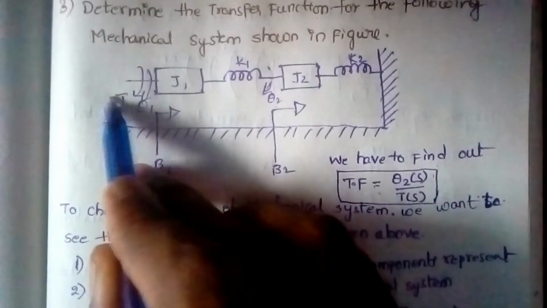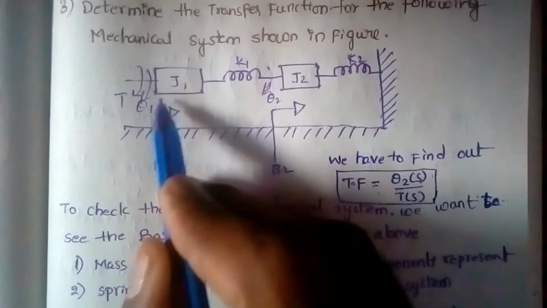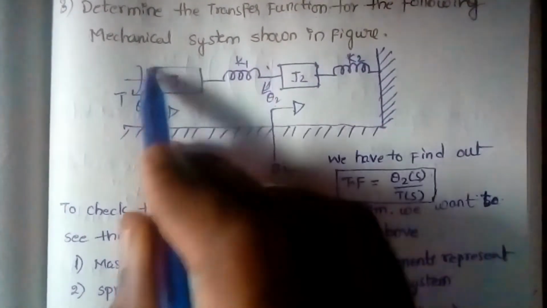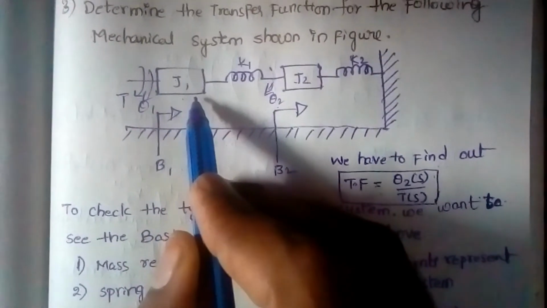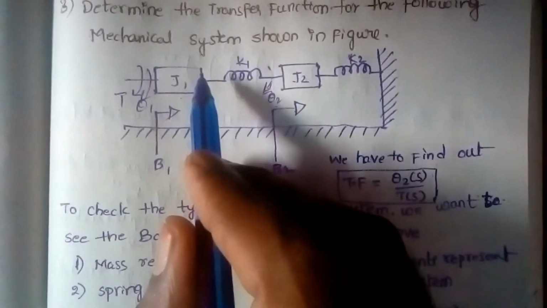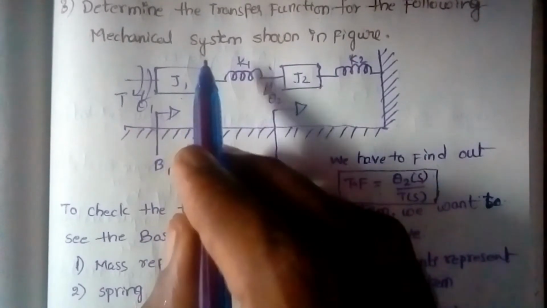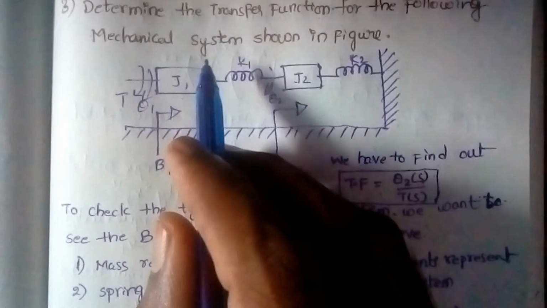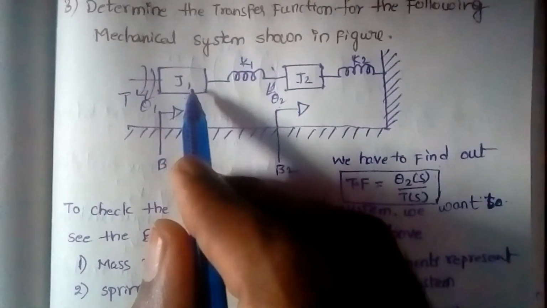Given is the applied torque, meaning the force that is externally given, and the opposite forces are those exerted by the mass block, Tj1. In a rotational system we don't call it force, we call it torque, whereas in the translational system we call it force.